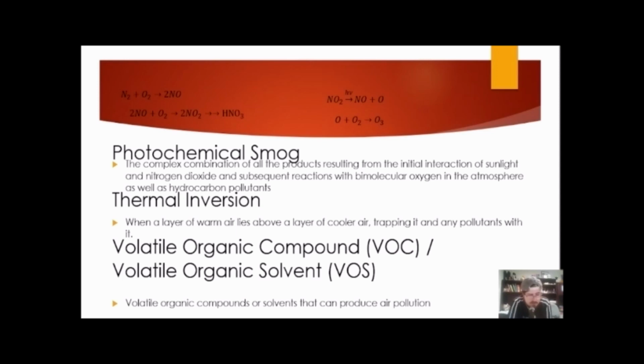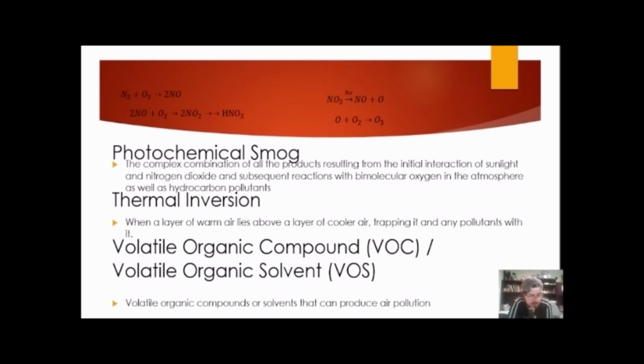Now, while NO2 is not a major pollutant itself, it can undergo further reactions with water to form nitric acid, another type of acid rain. Also, when struck by high-intensity ultraviolet light, nitrogen dioxide can break apart to form a single oxygen atom, which can then react with oxygen in the air to form ozone.